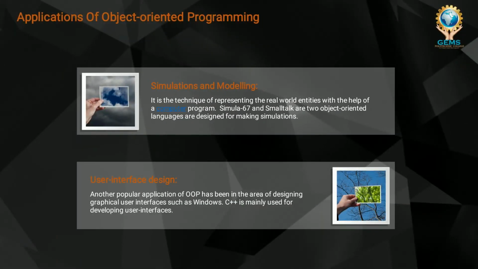Next we will see applications of object-oriented programming. We are using object-oriented programming in our day-to-day life in different places. First one is simulation and modeling. We are using object-oriented programming for simulation and modeling. Second, user interface design.